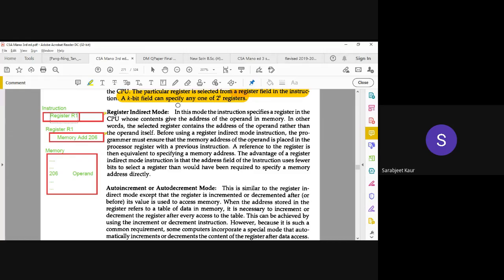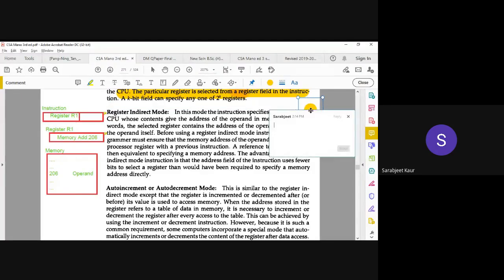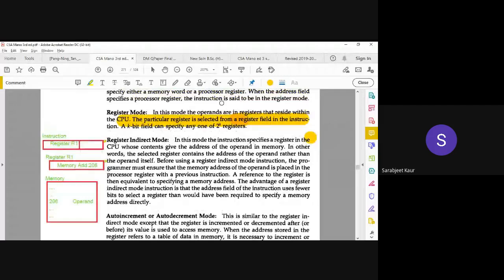In register mode, sometimes also known as register direct mode, the instruction contains the number of the register in which the operand itself is located. And now in the register indirect mode, the instruction specifies the register which does not hold the operand but its effective memory address. That is why the name indirect.